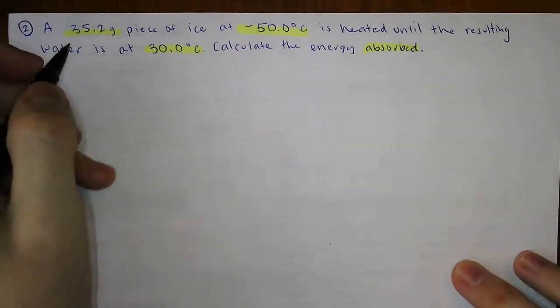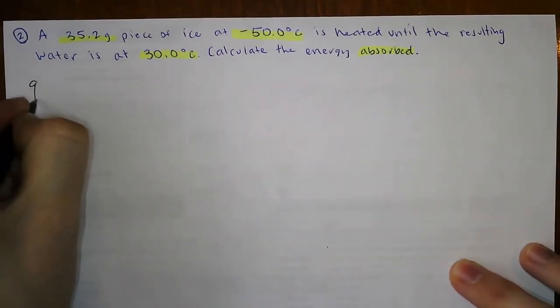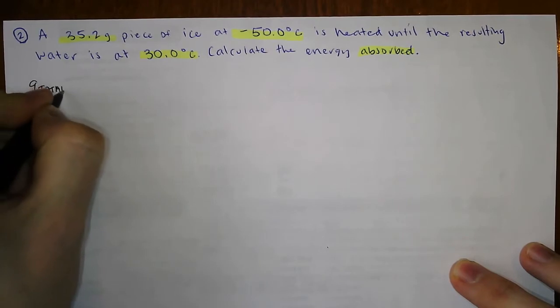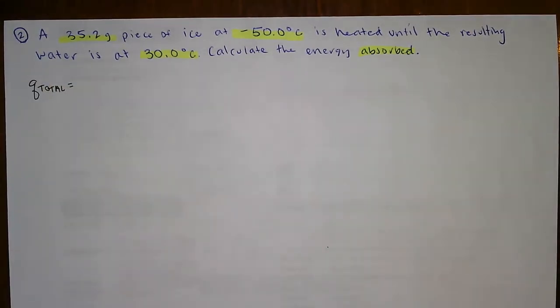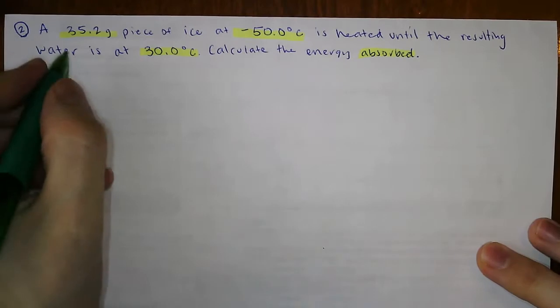So my Q total, it's going to get a little squishy here, is going to be the sum of 3 problems.